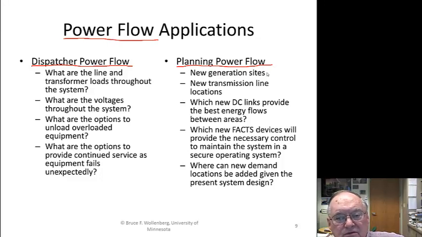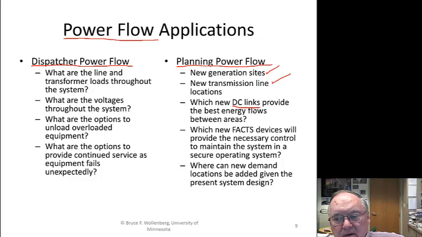Planning is done by engineering groups in the electric company offices. I'm going to build a new generator. What are my options for connecting it to the system? If I'm going to build a new transmission line to support more load or new generators, where do I route it, where do I connect it, what voltage do I use, things like that.